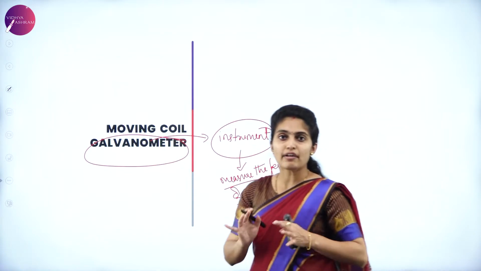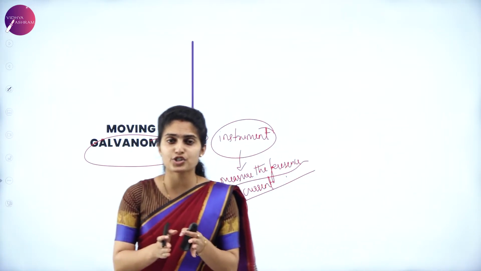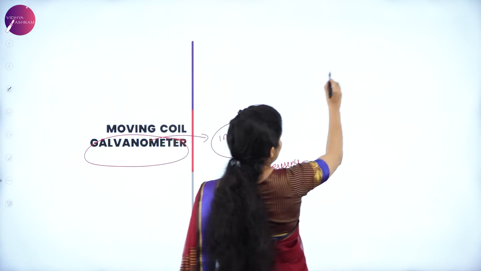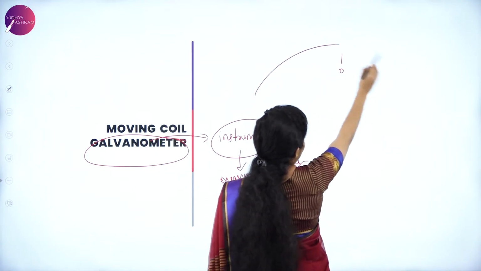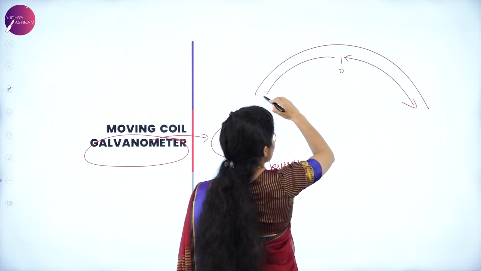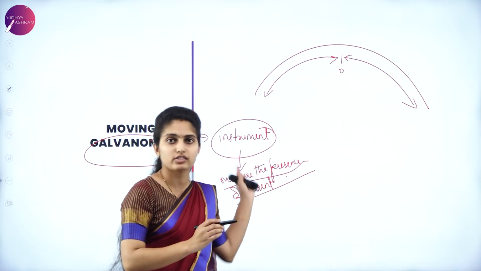Now there is a deflection. How exactly do you read the galvanometer? In a galvanometer, you have certain divisions. If there are certain divisions on one side, the same number of divisions is present on the other side as well.